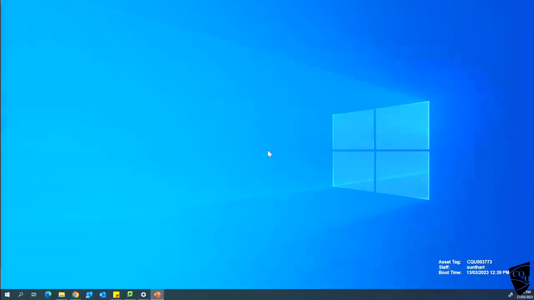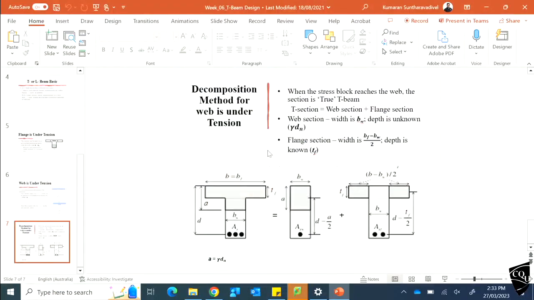So that's the only difference. All other designs are the same. Okay. So only when you have the web under tension and the stress block reaches the web, then we need to use this technique. Okay, so that's a little extension of the T sections.